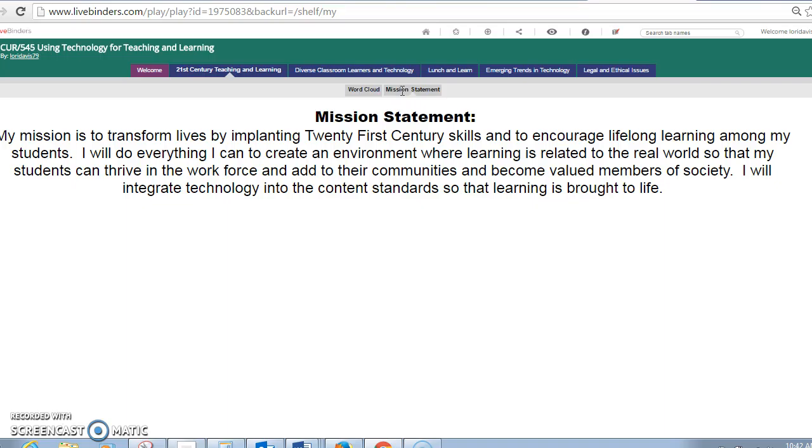I will integrate technology into the content standards so that learning is brought to life. I will also use this in my professional learning and have the teachers break apart this statement and describe what that means to them and how they may change the mission statement.